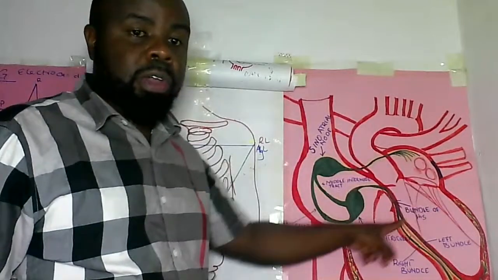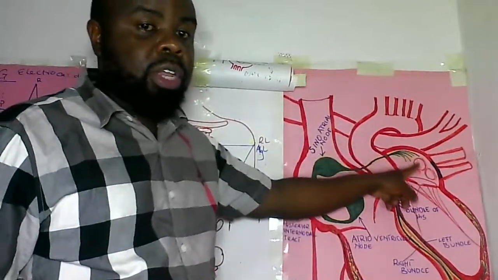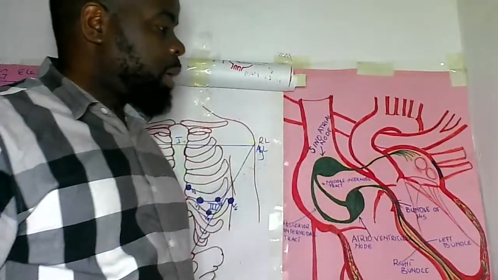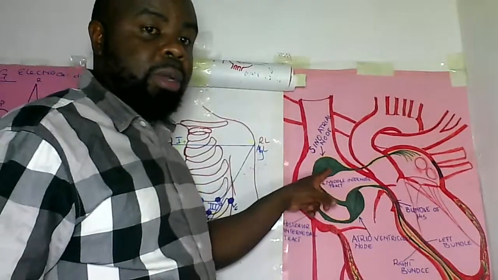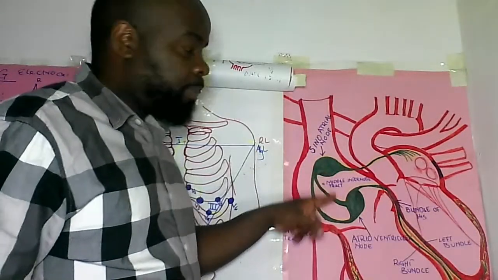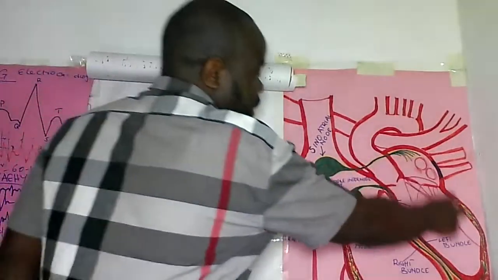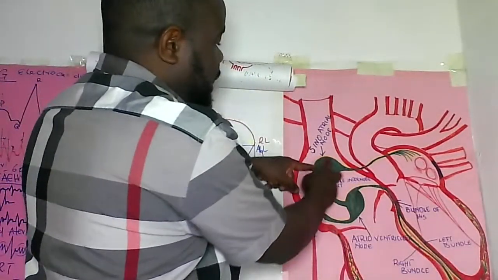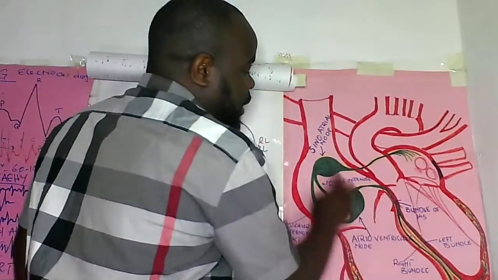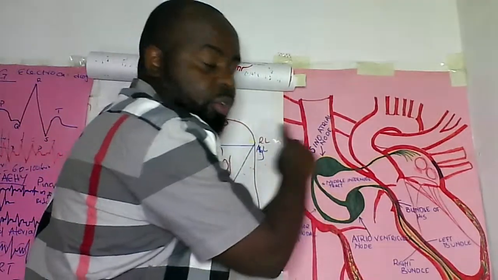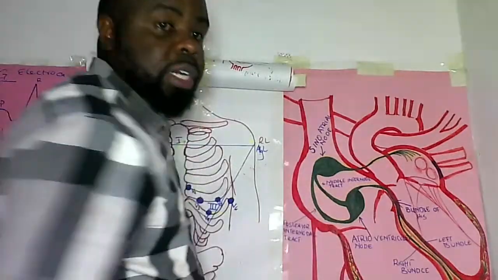And the circuit is going round, round, round. But in the nodal one, the circuit inside, there is a point in the node that is not working well. So as it fires, the node is going and coming back, and then it is attaching. So the node is having a nodal returning point.